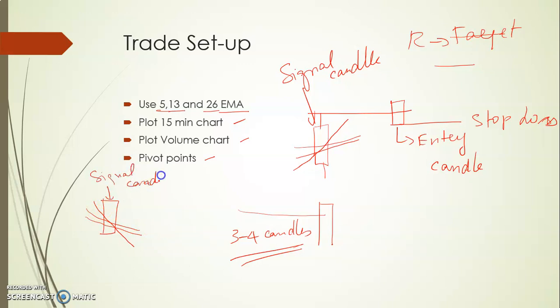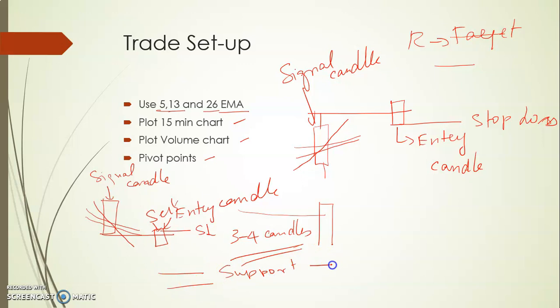When the signal candle low is broken, that is called the entry candle. Take a sell call here. Entry candle's high is the stop loss, and then the subsequent support is the target. Here also you have to check the volume, and volume should be higher than the last 3 to 4 candles.